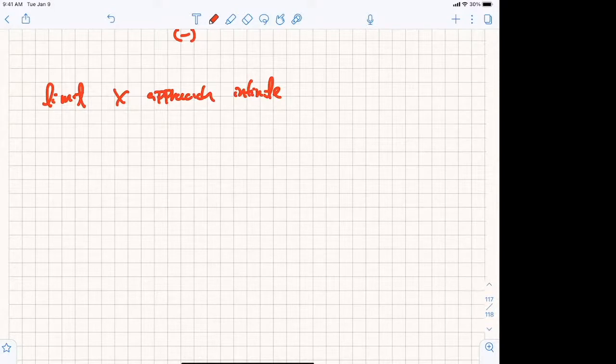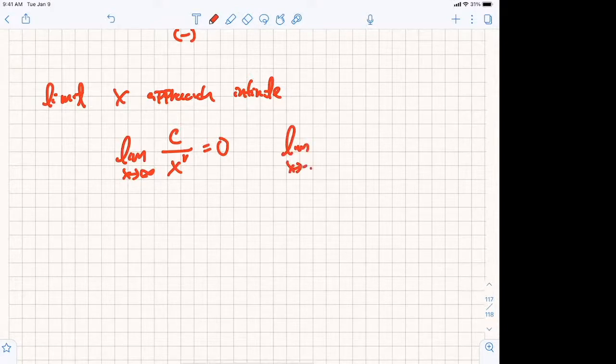So let's start with the limit as x approaches infinity. What if I have some type of number, we're going to call it c over x to the r, is equal to 0. And the limit as x approaches negative infinity of c over x to the r is equal to 0.